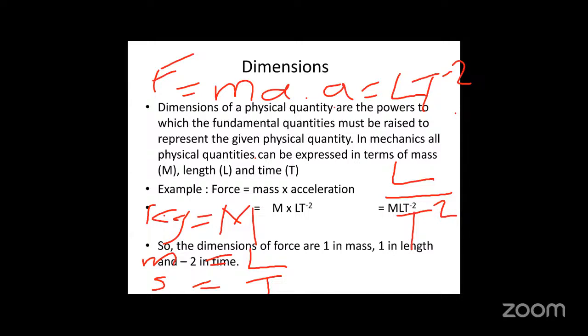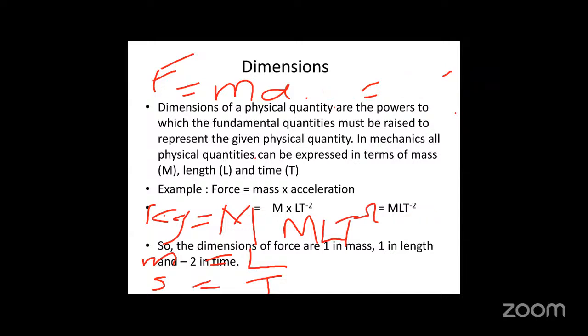Now, remember that the unit of force is mass times acceleration. And we said the unit of mass is kilogram, so we represent it with capital letter M. So if I want to write the formula for force, which is mass times acceleration, that will be written as M L T minus 2.